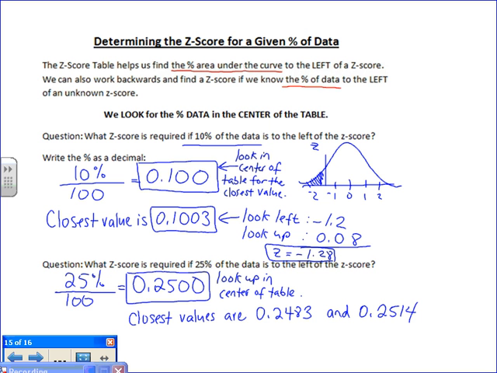Before you immediately go with 0.2514 or 0.2483, have a look at those 2 values and ask yourself, where does 0.2500 lie? It's approximately halfway in between them.